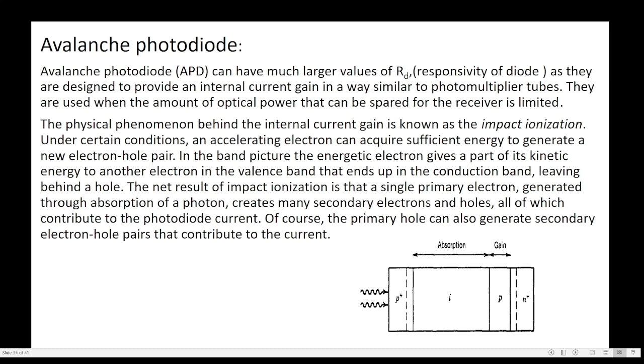The net result of impact ionization is that a single primary electron generates some secondary electrons. Of course, the primary holes can also generate secondary electron hole pairs that contribute to the current.